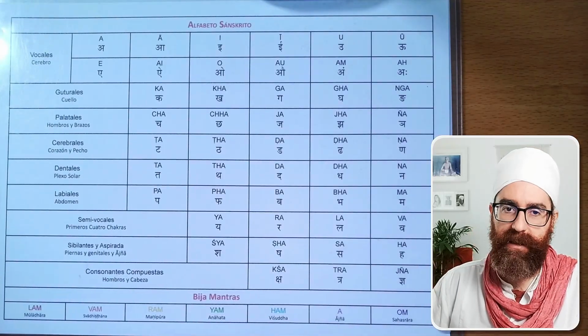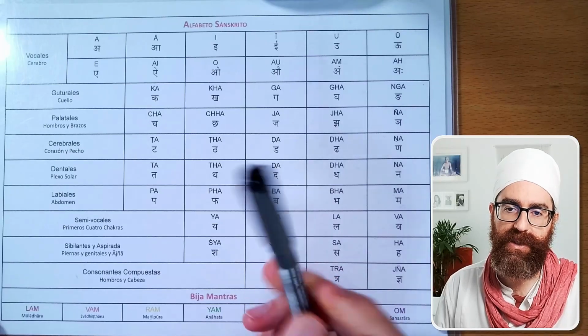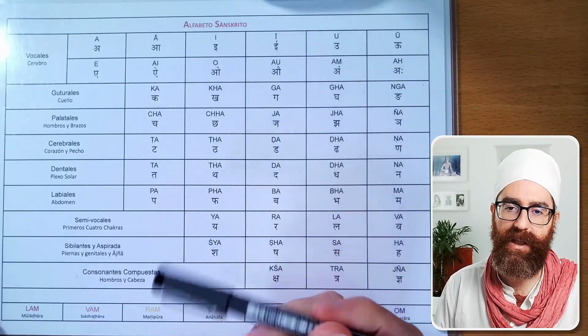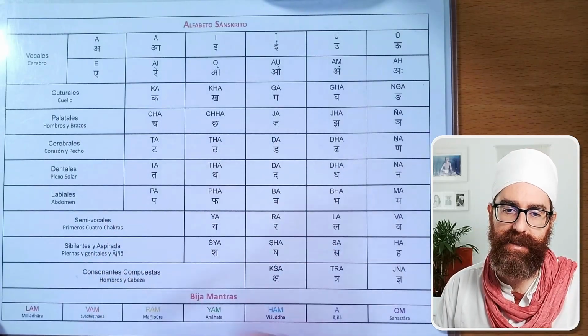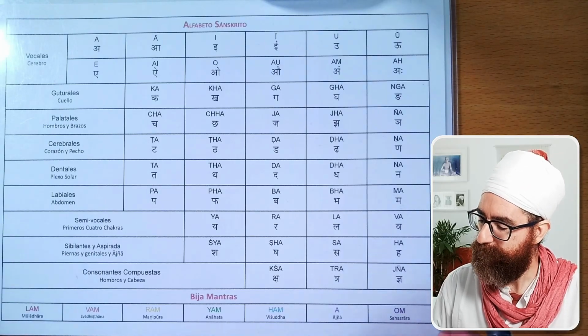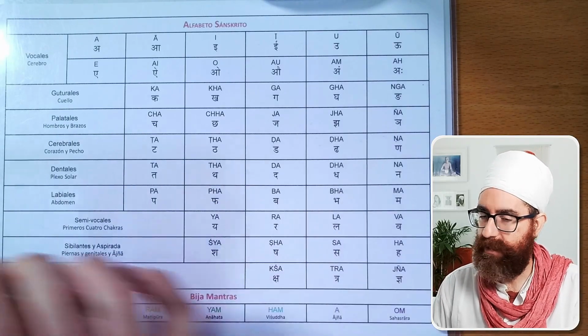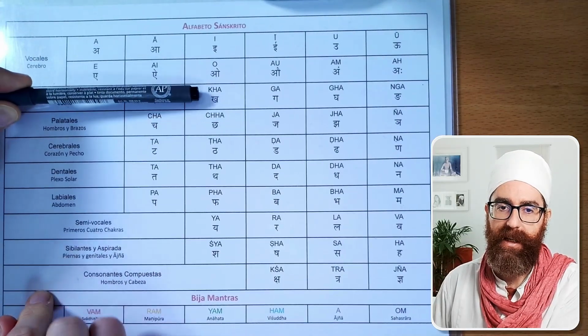So the Sanskrit alphabet, as I said, was not really invented, it was discovered, based on the kinds of sounds that we can create. And we can see these sounds reflected in this table. This is the way the alphabet is generally drawn, and it separates the vowels and the consonants.